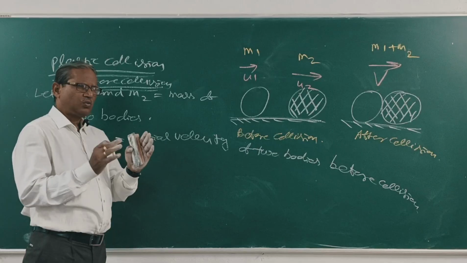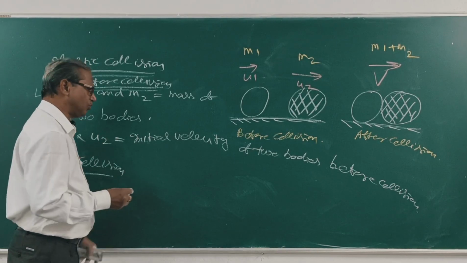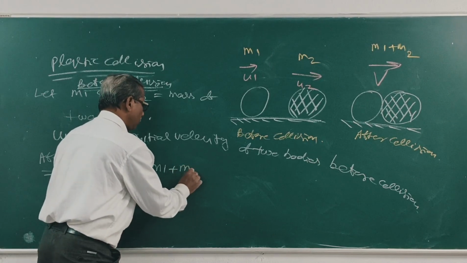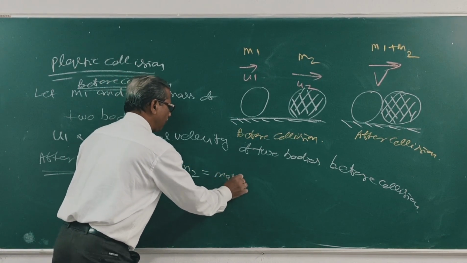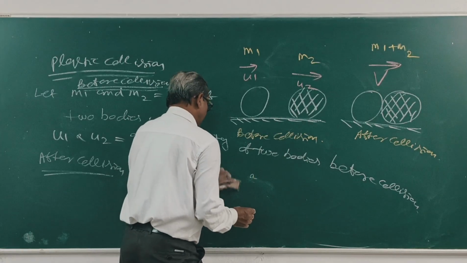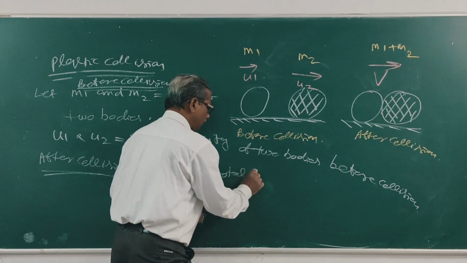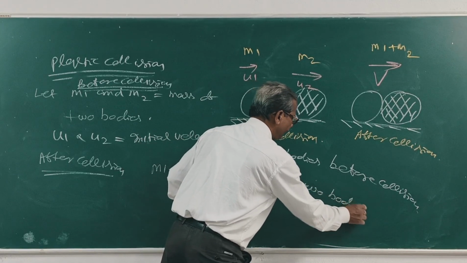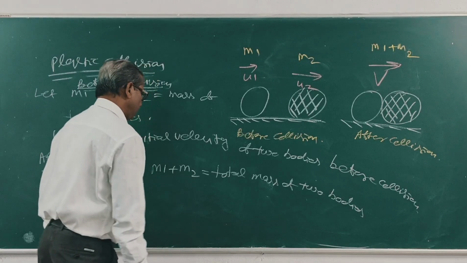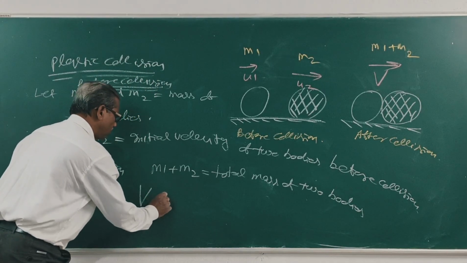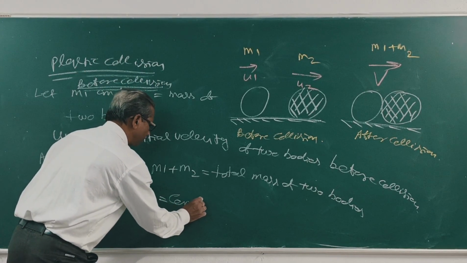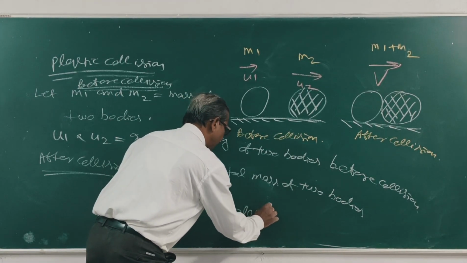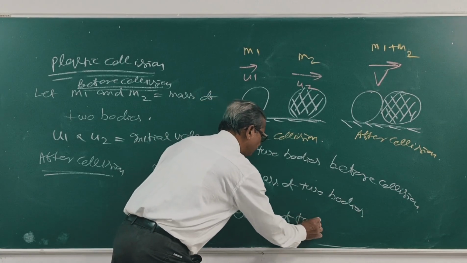After collision, what is the mass of the two bodies? m1 plus m2 is the total mass of the two bodies. And v is the common velocity of the two bodies.